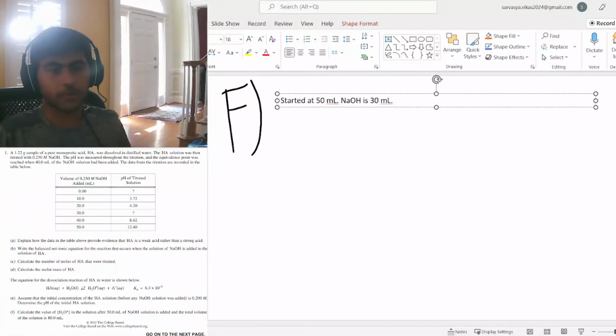So how much do we still have? We know from before that we have 0.01 moles of HA. We've added 30 milliliters of NaOH, which is 3/4 of the total amount necessary to get to the equivalence point.